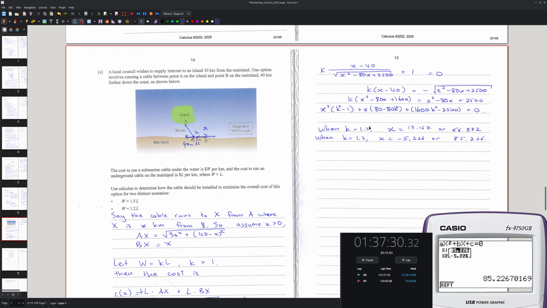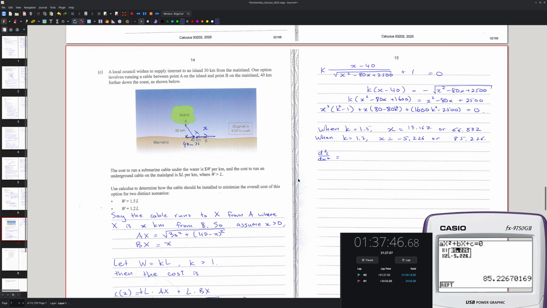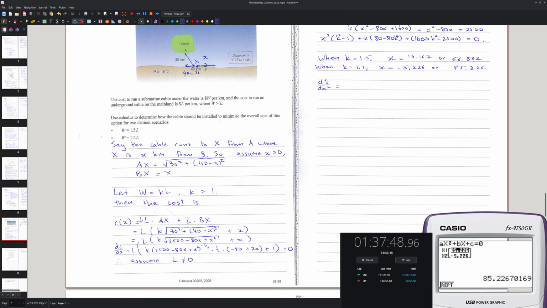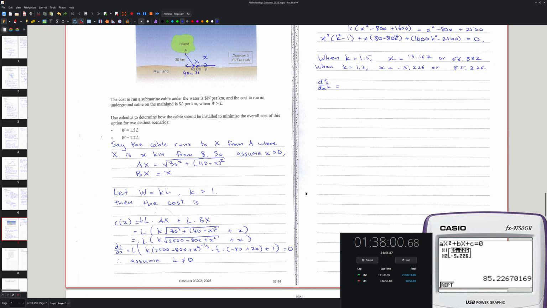Right. So okay, we do the second derivative, right? So d squared c over dx squared should be like, that vanishes.